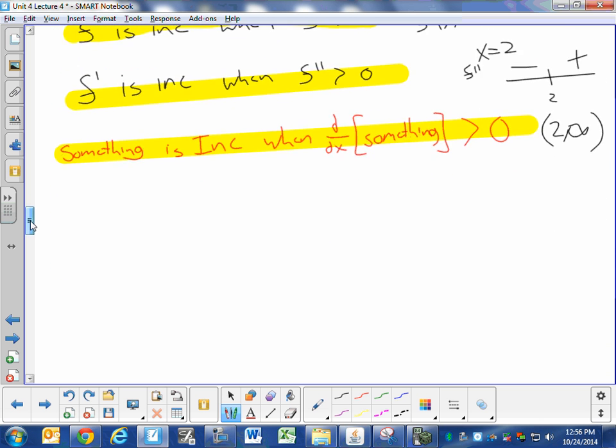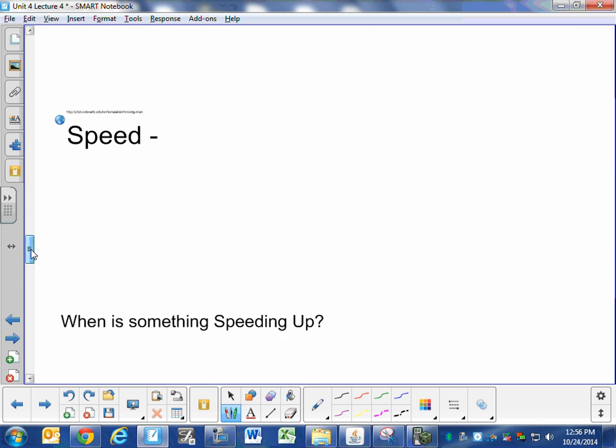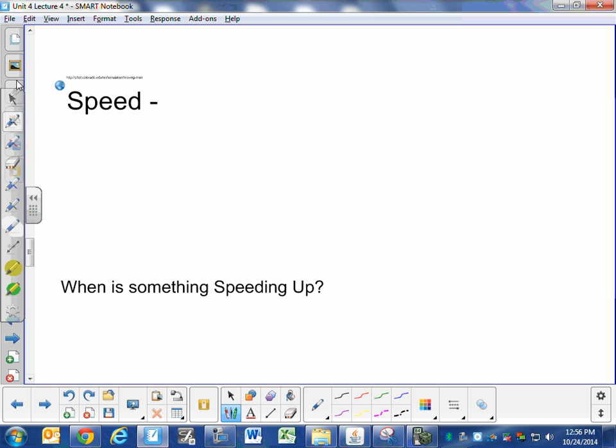And that's kind of the introduction to speed. Speed is velocity without direction, or it's the absolute value of velocity.